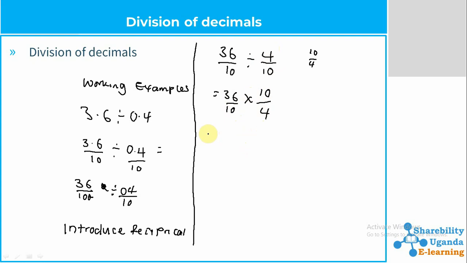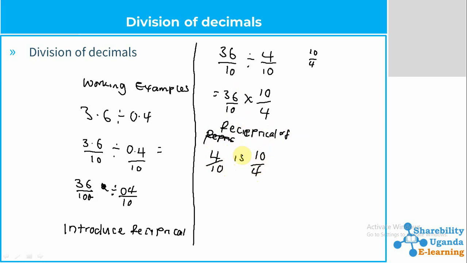Can I note it here? The reciprocal of 4 out of 10 is 10 out of 4.